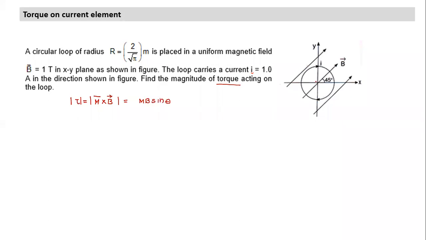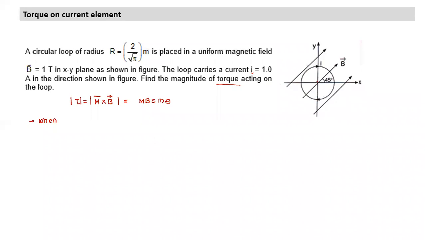In this case, the magnetic field is lying in the plane of the loop. This is a simpler case when the magnetic field lies in the plane of the loop. What is the angle between the magnetic field and the dipole moment? We mark the direction of the m vector here. It's a loop.